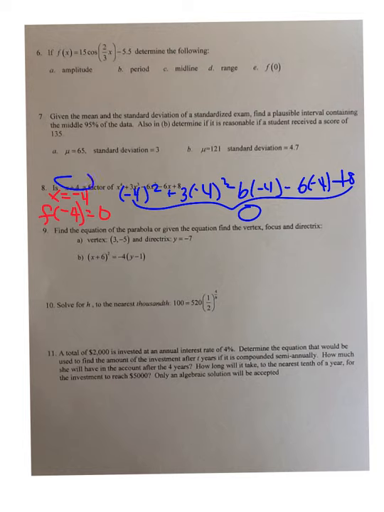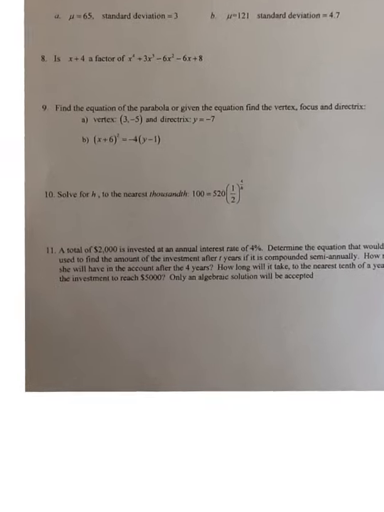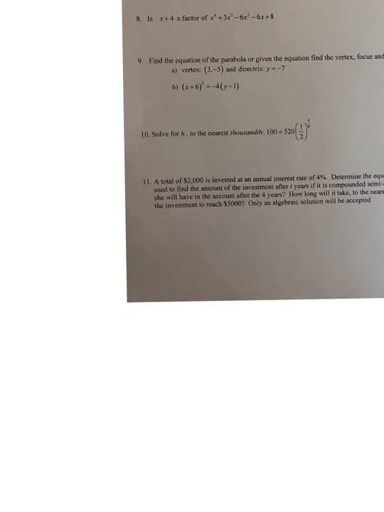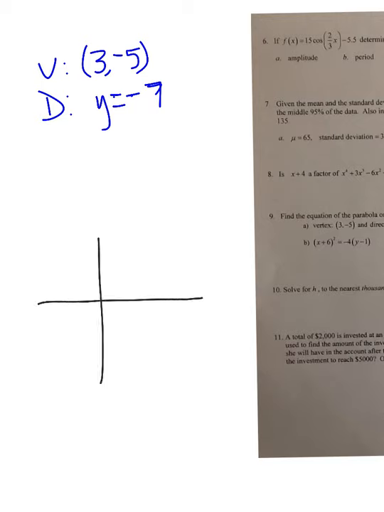All right, so let's take a look at number 9, which is a blast from the past because it's the equation for the parabola. All right, so the first one, A, I'll give you the vertex is 3, negative 5. And the directrix is y is equal to negative 7. All right, so let's draw a little picture here. So 1, 2, 3, negative 5. There's 3.